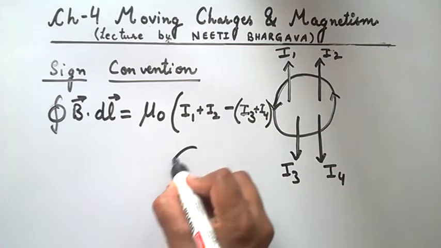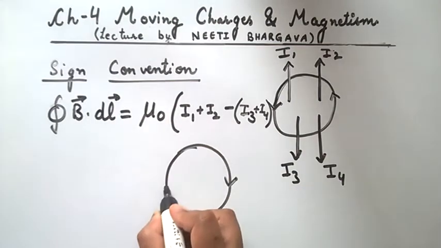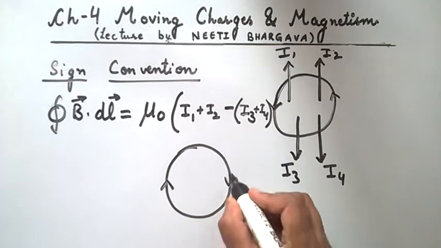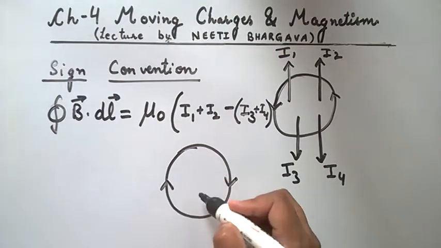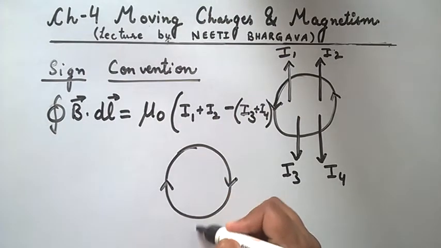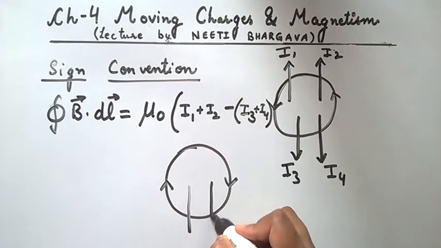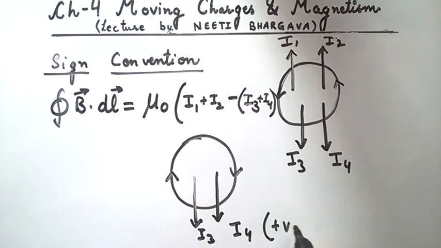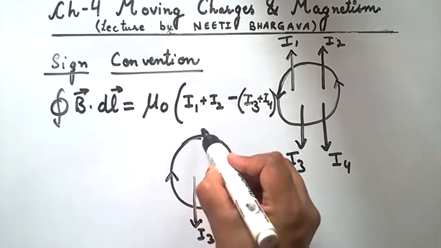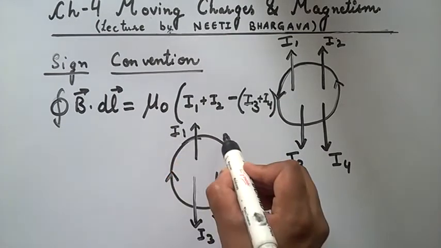And if magnetic field is traversing in clockwise direction, then the screw will advance in downward direction, that is, at this time I3 and I4 will be considered positive and I1 and I2 will be negative according to right hand screw rule or thumb rule.